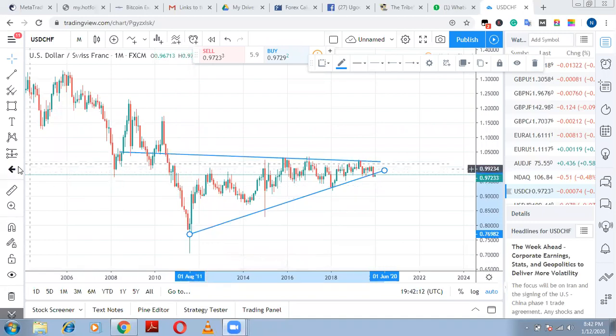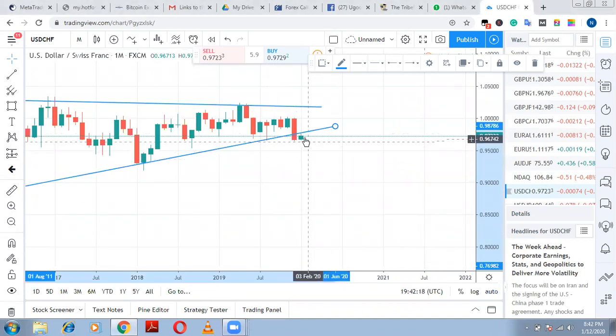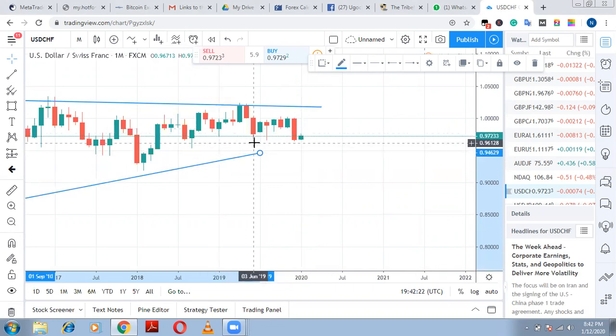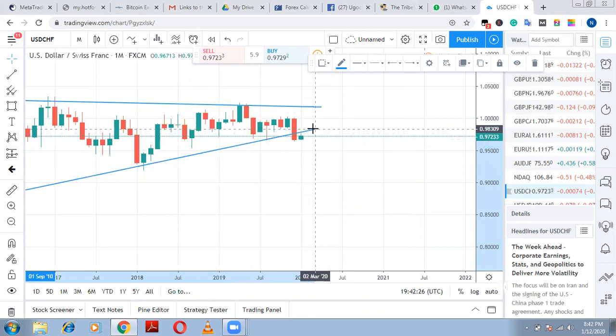If you understand chart patterns, you know that this is a nice way to make an awesome trade. But at the same time, you will see another thing here: the market is retesting this trend line. So one thing we're expecting in this market is a sell continuation.